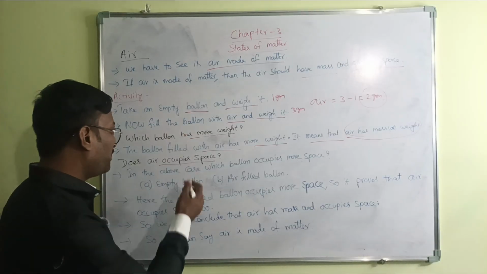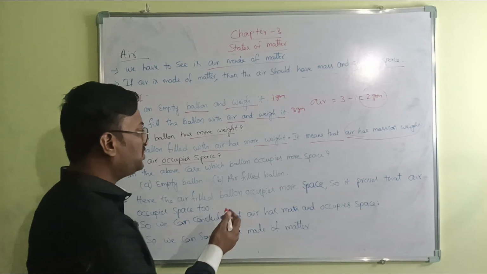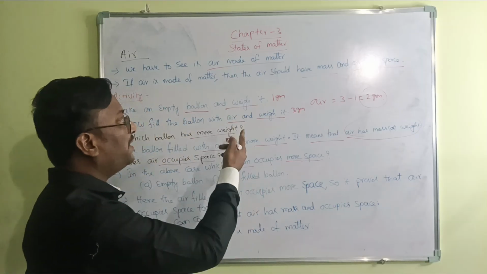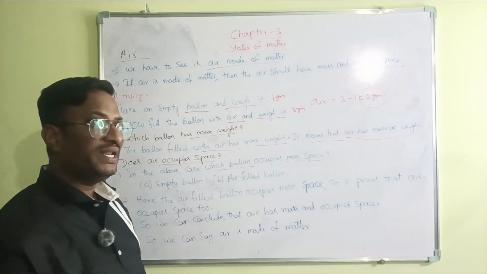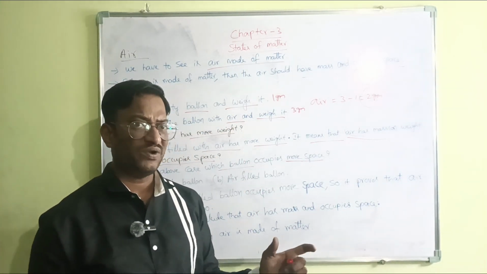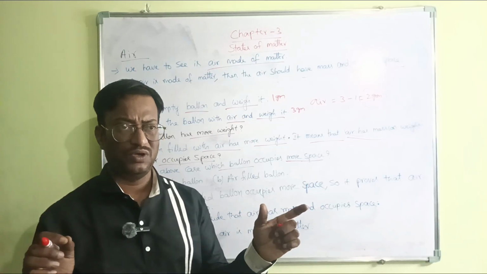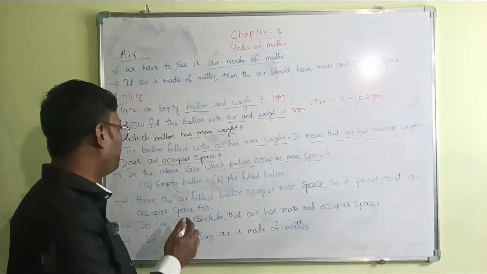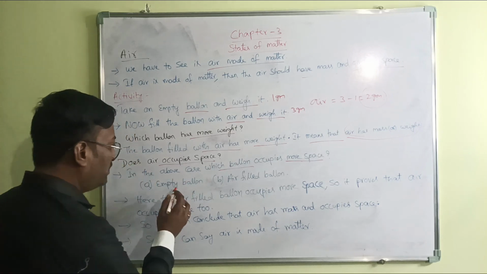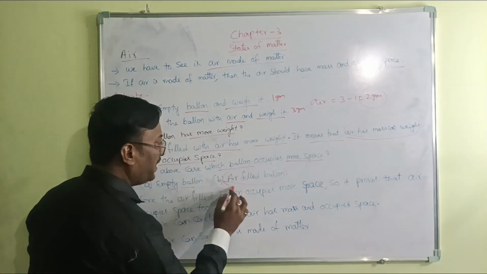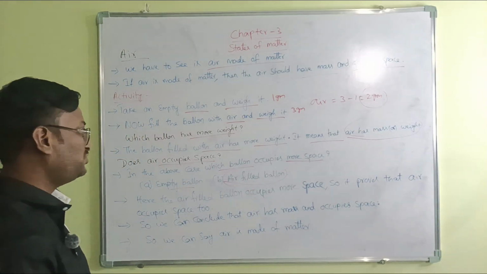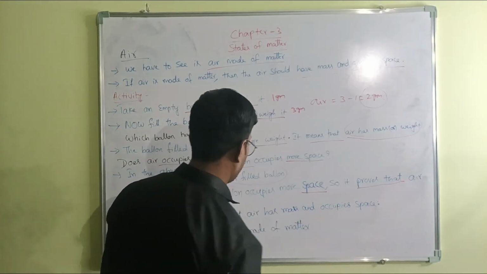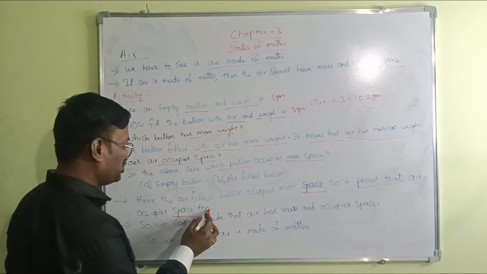In the above case, which balloon occupies more space? The empty balloon or the air filled balloon? If you observe, which balloon has occupied much space? Definitely the air filled balloon. It has occupied more space, so it proves that air occupies space too.